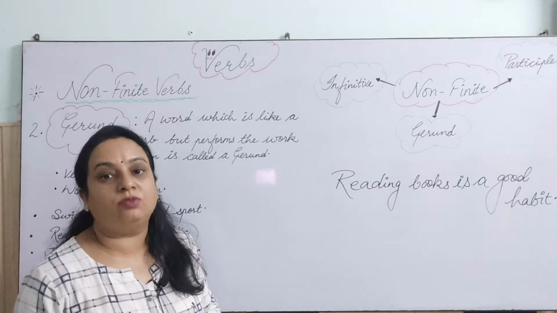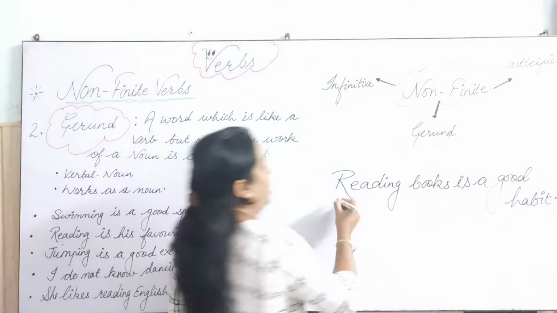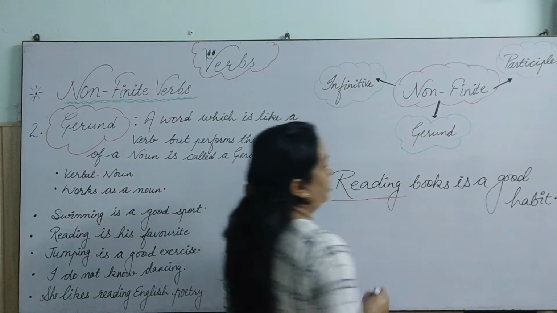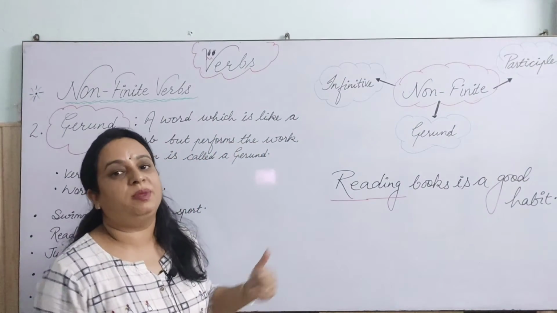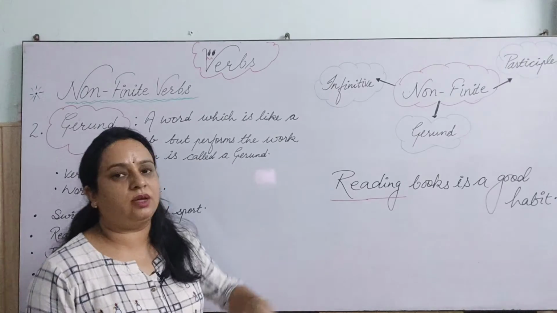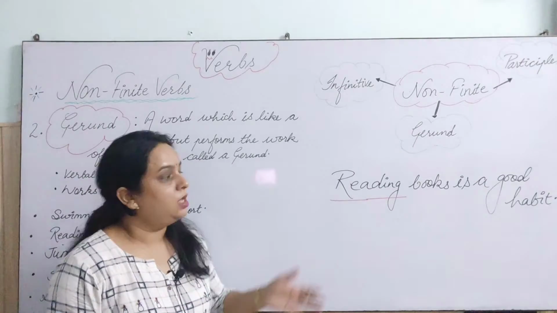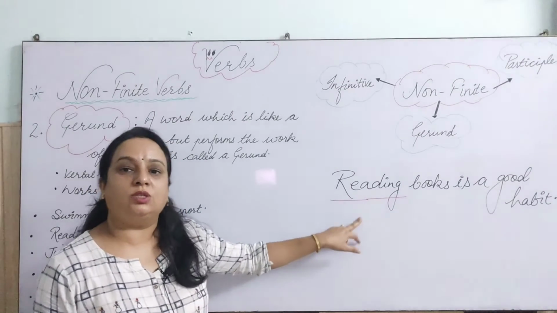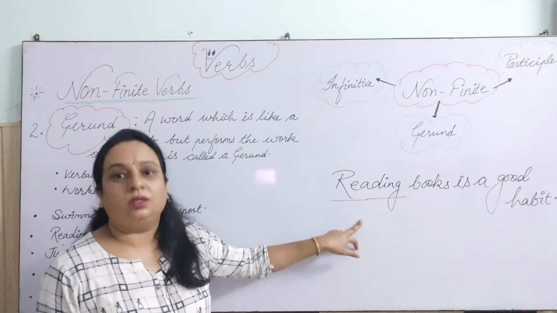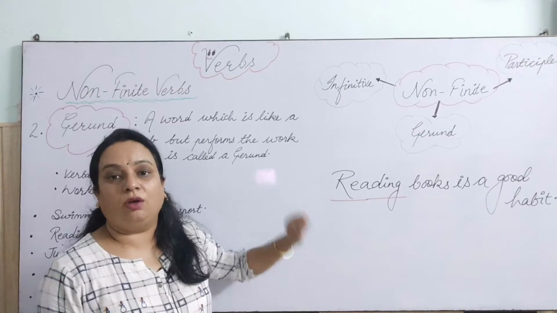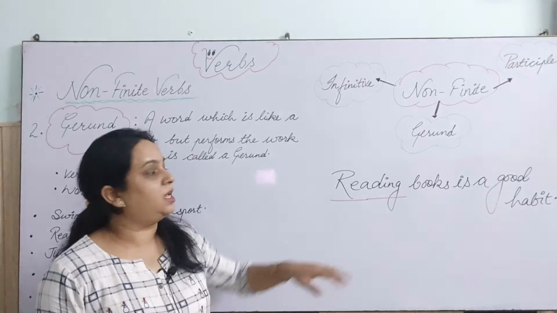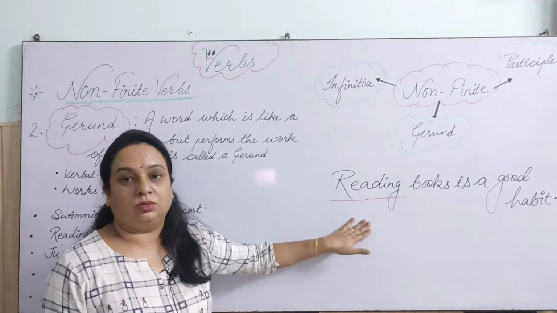We are talking about reading here, right? And if I ask you to tell me the verb in the sentence, you will say definitely reading, okay? Because reading is working as verb here, right? Yes, this is acting as verb also, but along with verb, this is acting as the noun also, right?